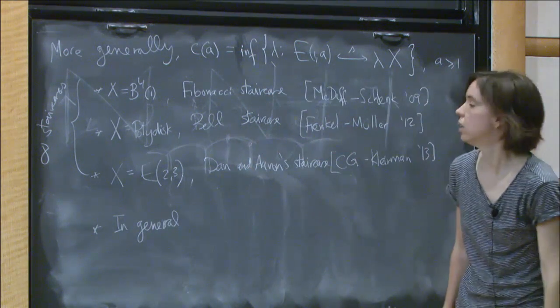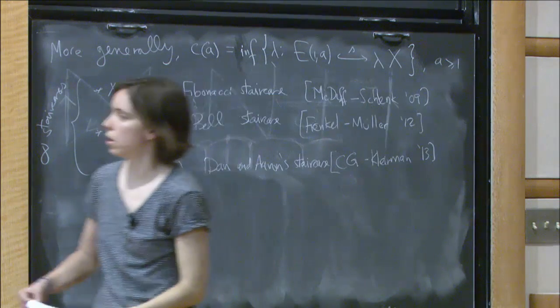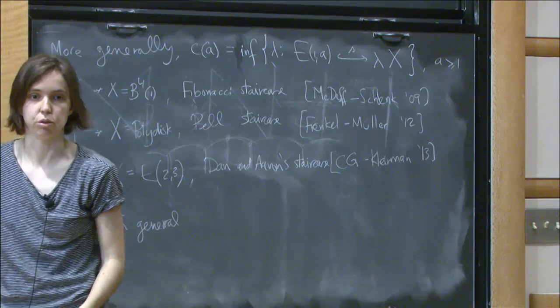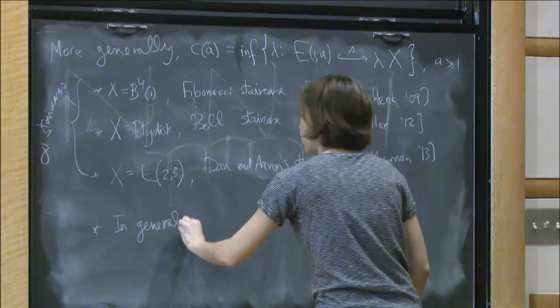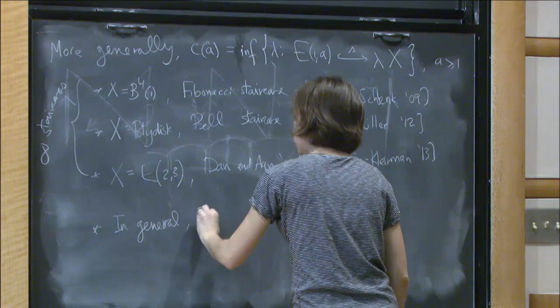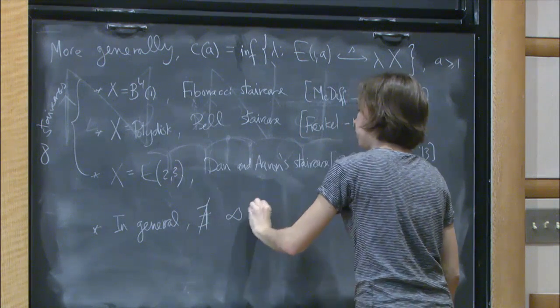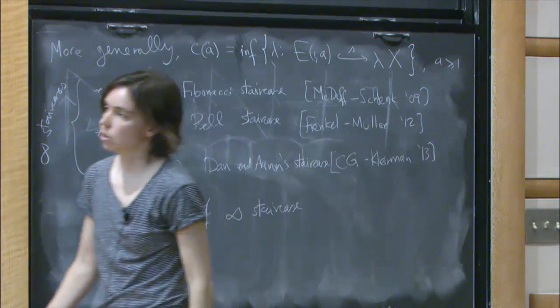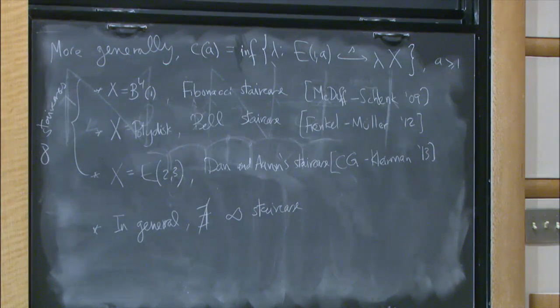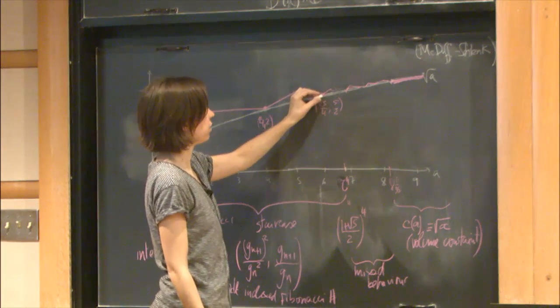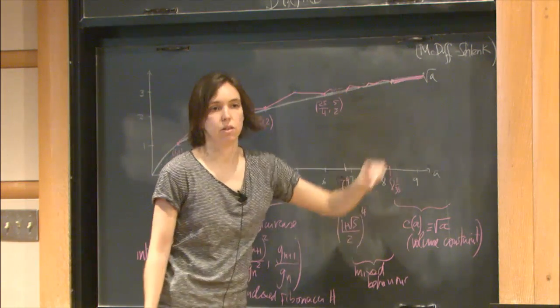But in general, you can program a pretty good approximation of this function on the computer and ask the computer to draw the graph. And in general, there is no infinite staircase. What the function looks like is it has a few steps, maybe 2 or 3, then some mixed behavior, and then it's equal to the volume.